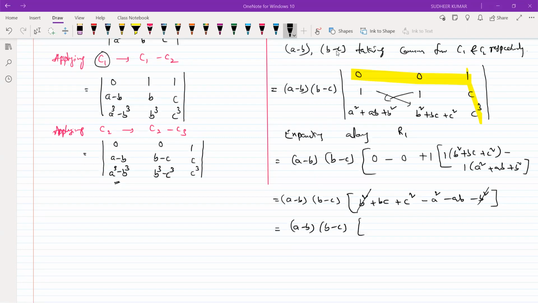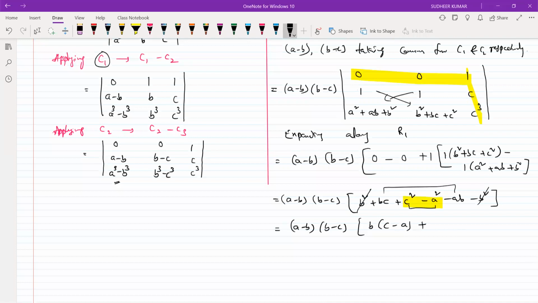So let us group these terms: BC and AB, and this is C square minus A square. So from BC minus AB, B is taken common, this is C minus A. What about these two? It is C square minus A square.